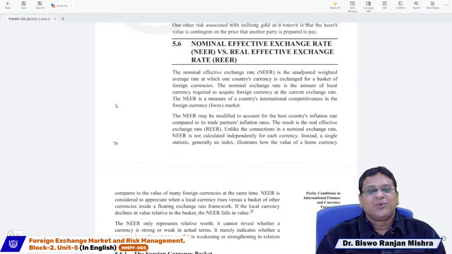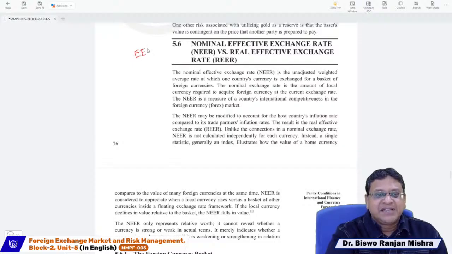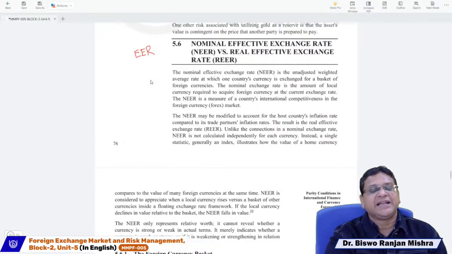On an average, whether Indian currency has been performing well or not, we can find out with the help of EER. EER means effective exchange rate. So EER is a technique.